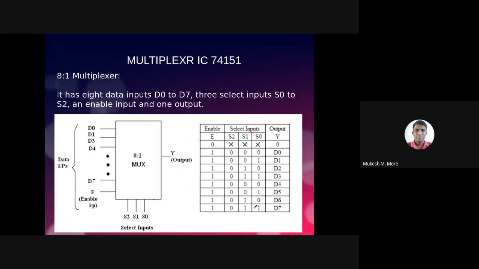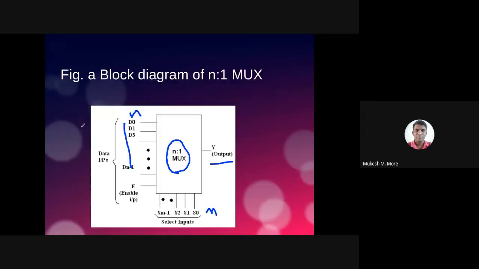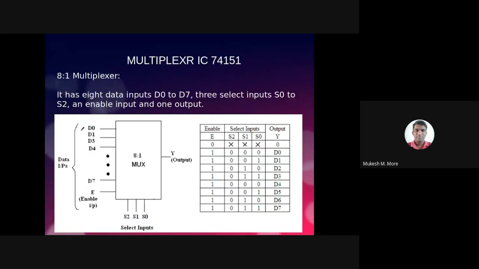Then multiplexer IC 74151. As you know, we have already studied the pin diagram. In the previous slide we saw the block diagram of an n-to-1 mux. This is the block diagram of IC 74151.